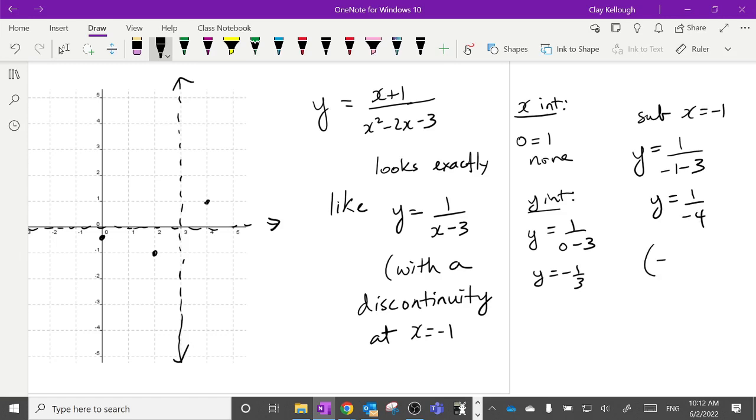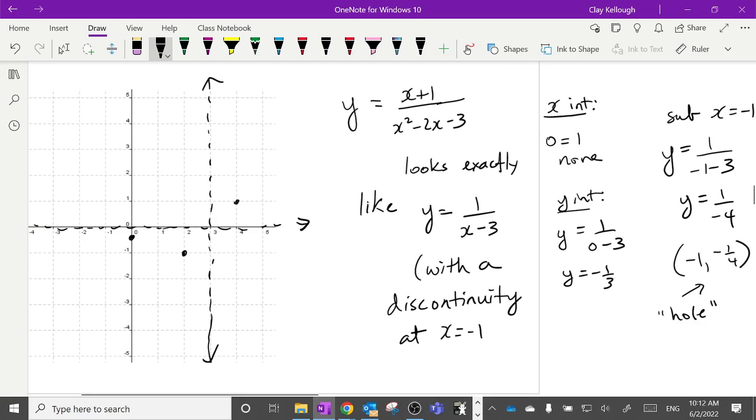So the point -1, -1/4 is the hole in this graph. So let's put that onto the graph. So try to estimate whereabouts 1/4 is. Maybe that's a little too high still, eh? If that dot there was 1/3, this has to be up a little. There we go. And that's it. That's my graph. I know that arm goes that way.